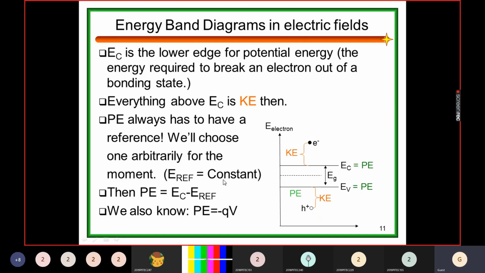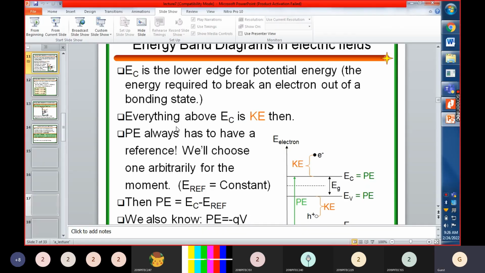And the formula for finding P is very simple. You have to take the difference between EC minus the reference value, which we have given in this case as constant. Constant means maximum. We will be substituting 0 in our equation. So PE is equal to EC.